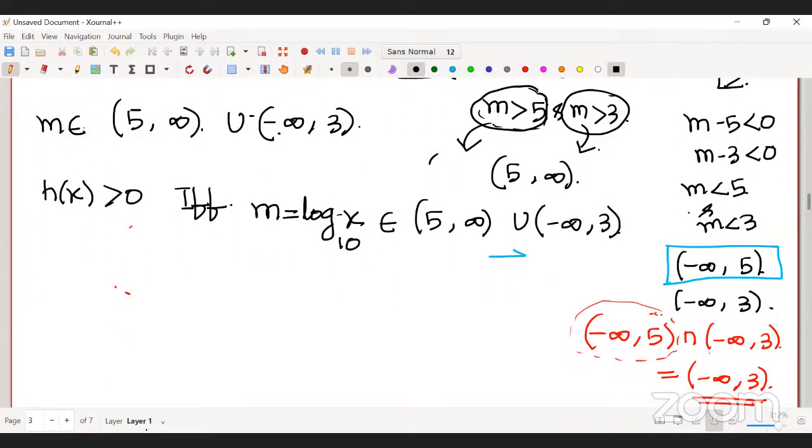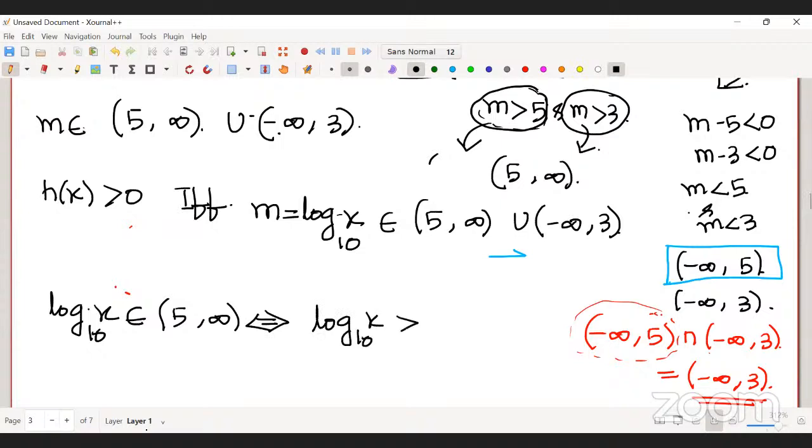Now from this I need to find the range of x. When log x base 10 is in this interval, that means this is the same thing as log x base 10 is greater than 5, right?